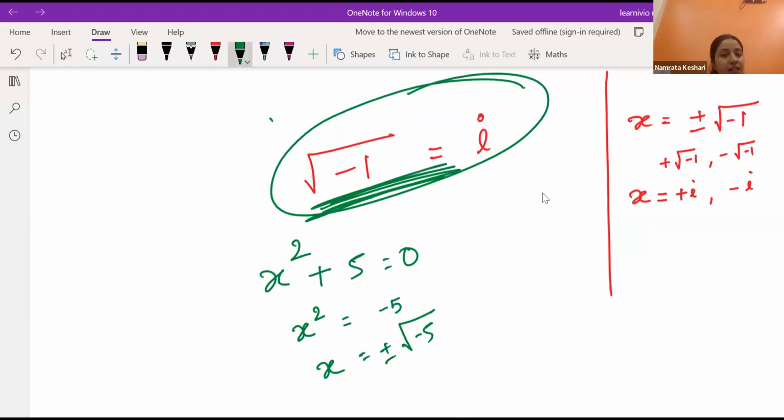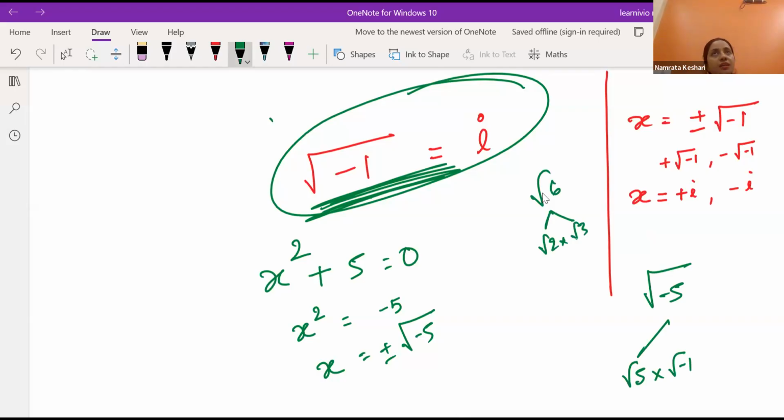Now this minus 5 can be written as root 5 into root minus 1, can we? Because root 6 can be written as root 2 into root 3. We know when two square root numbers are there, both will sit inside one root sign.